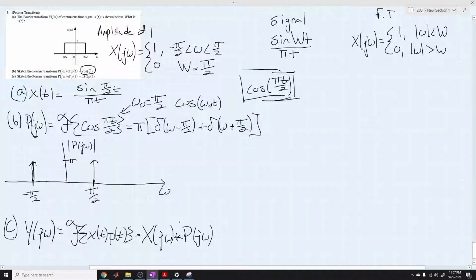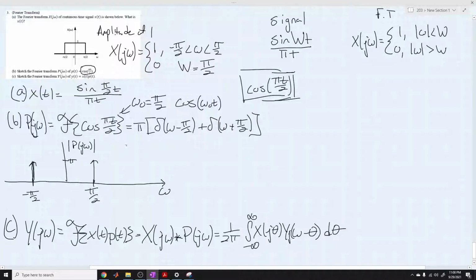Now, we have that scaling factor we have to deal with here. It's on the formula sheet, so it's going to be 1 over 2 pi, integrating from negative infinity to infinity, X of j theta, where theta is just our dummy variable, just like tau was in the time domain, P of j omega minus theta. I missed a j right here, but not a big deal. And that's all doing the integration with respect to theta.